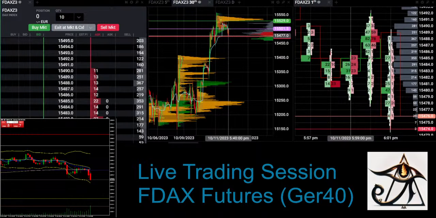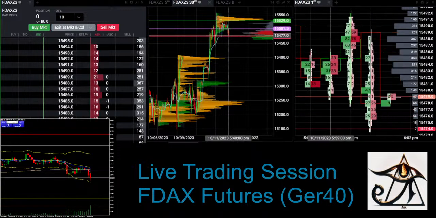Ideal situation is we get a really strong push down, and we're just waiting for that to either happen and hit those levels on the MT5, or see a really good indication that we're getting long based on the volume footprint.